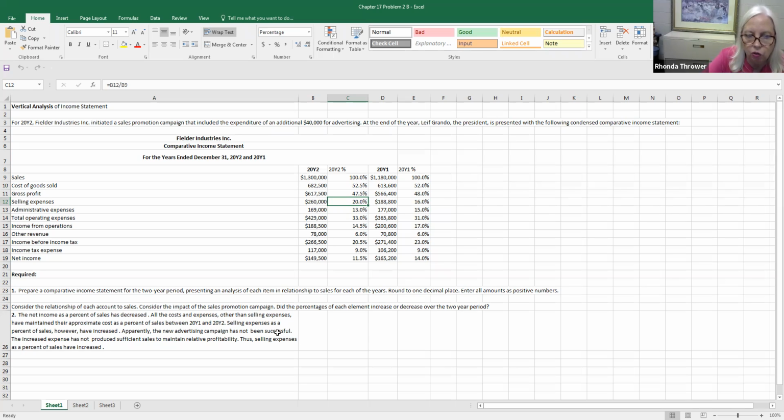So the new advertising campaign had not been as successful as they had hoped it would be. The increase in selling expenses for advertising has not produced the sales to maintain our profitability. Thus, the selling expenses as a percent of sales have increased.